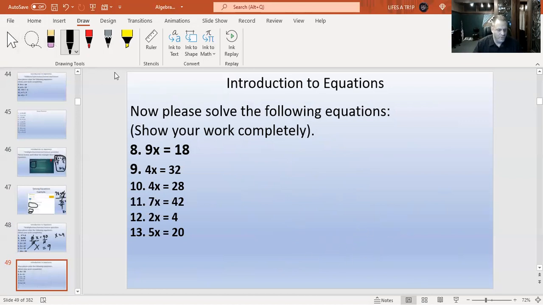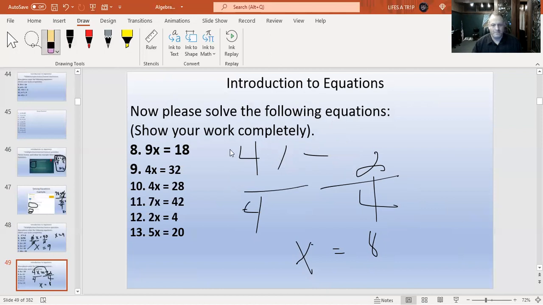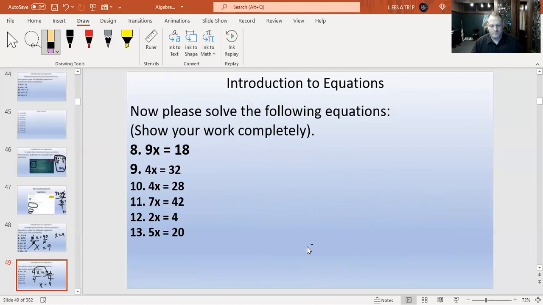Okay, let's do number 9. 4x equals 32. Divide by 4. Divide by 4. x equals 8. All right, guys, if you did quick math, you could just do 4 into 32. All right, number 10.